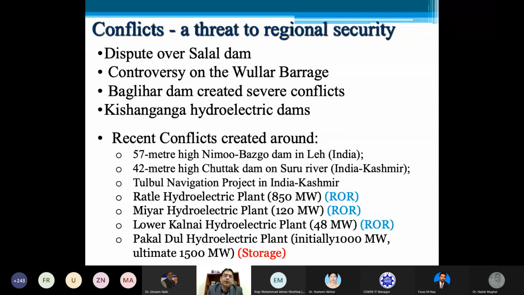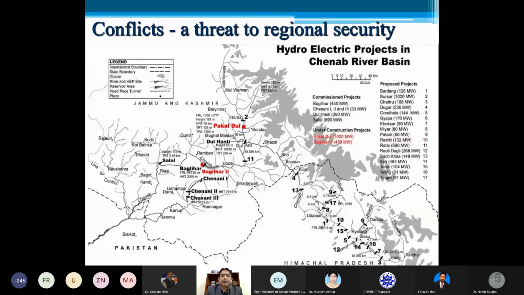All these storage facilities are also run-of-river type hydroelectric units, but at the same time they are also being used for reducing or managing the flows. So these are actually real threats to the water security of Pakistan.